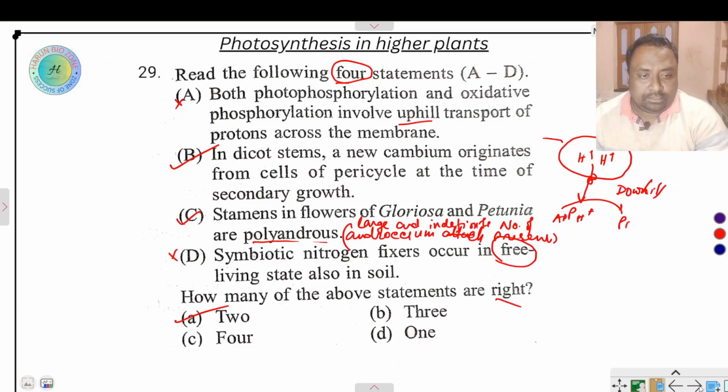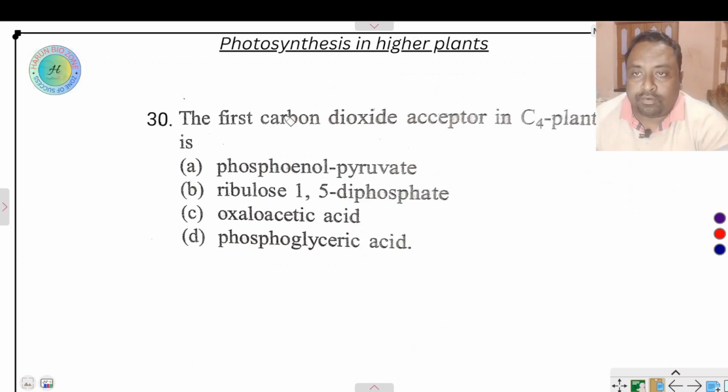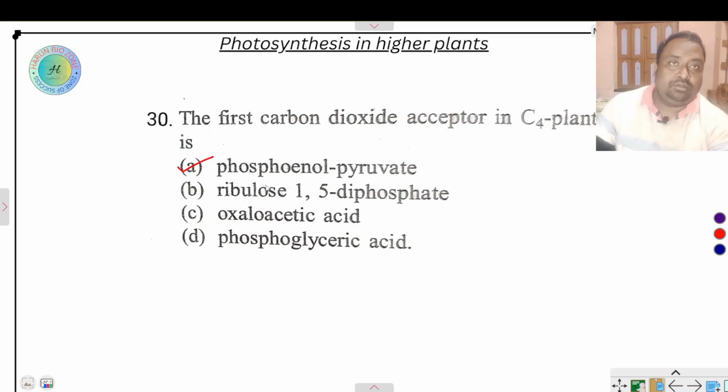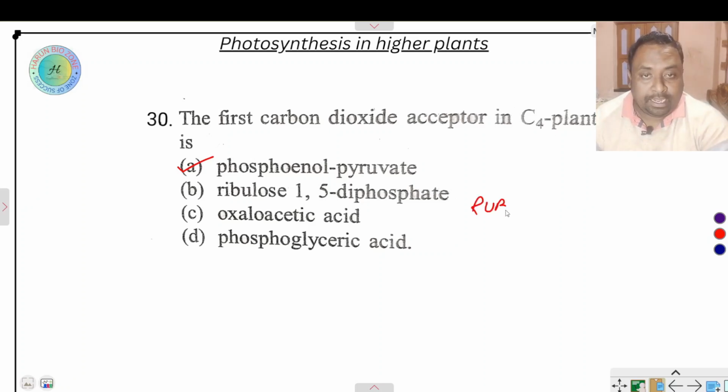Next question: the first carbon dioxide acceptor in C4 plants is phosphoenolpyruvate carboxylase. That is because the Rubisco enzyme has two effects, oxygenase and carboxylase.